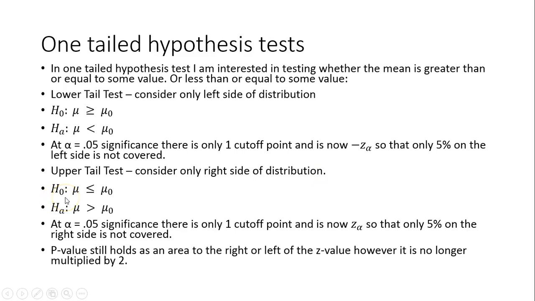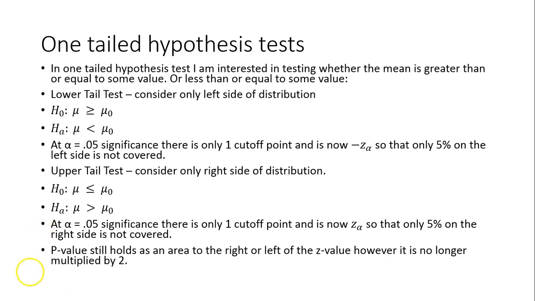So suppose, like this, I'll show you here. H naught: mu is less than mu naught. HA: mu is greater than mu naught. So I can only reject if I get a very big value of my test statistic or my sample mean.